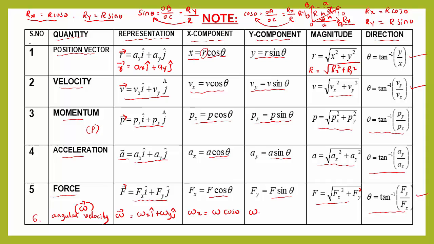Y component is omega y equal to omega sin theta. And its magnitude is omega equal to square root of omega x square plus omega y square. And its direction is theta equal to tan inverse of omega y divided by omega x. So in this way, you can write the components of a given quantity, right? So this is all about resolution of a vector.